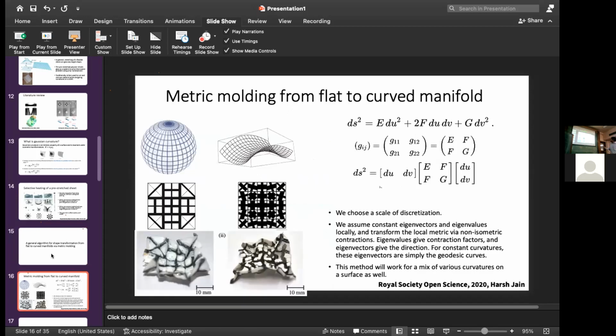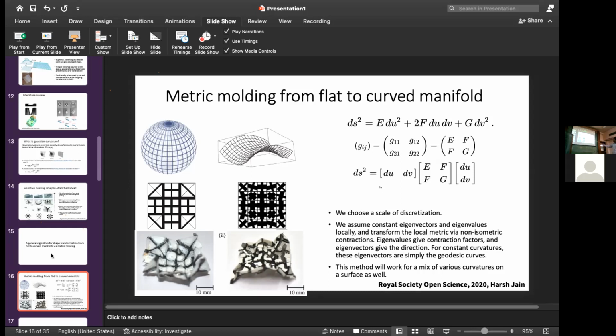So when we are generating a general metric, we cannot do that continuously. We have to choose a discretization scale. So let's say this is a 10 millimeter scale that I chose. Then I have a circle here. This is the approximation of a circle, and I calculate the eigenvectors based on my radius of curvature, and then again I shrink only in those regions according to the eigenvalues of my metric.